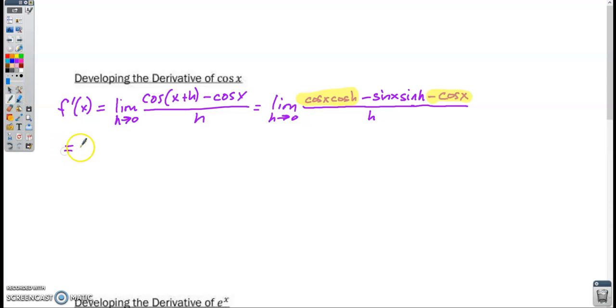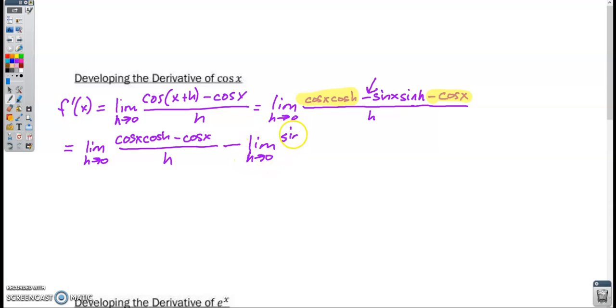And so this is going to become the limit as h goes to 0 of cosine of x cosine of h minus cosine of x, all that over h, minus the limit as h goes to 0 of sine of x sine of h all over h.